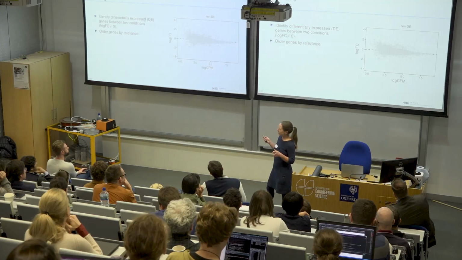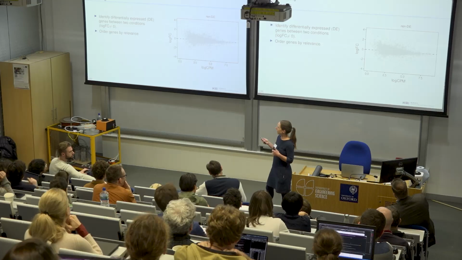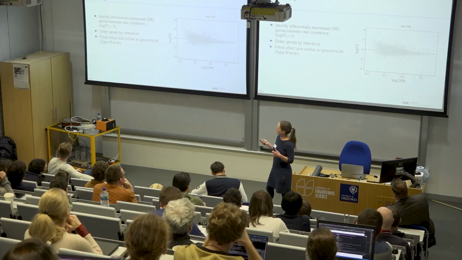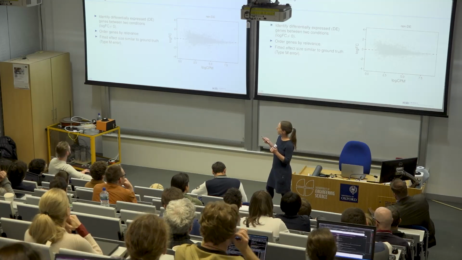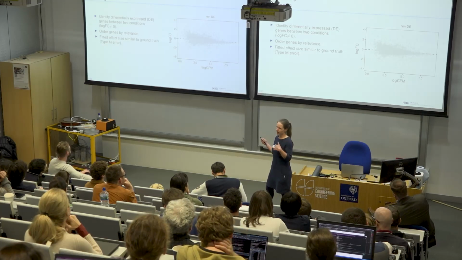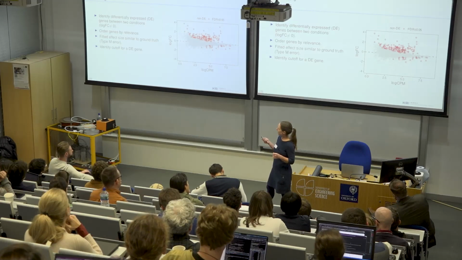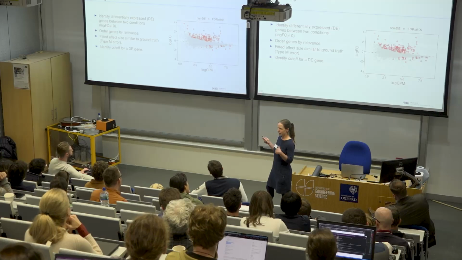So the question is, what is it that I want of a hypothesis testing method, right? First of all, I want to order the genes by relevance. I want that the fitted effect size is similar to the ground truth, so that I want to have the type M error close to 1. I want to identify a cutoff so that I can actually tell people what to test in the lab.